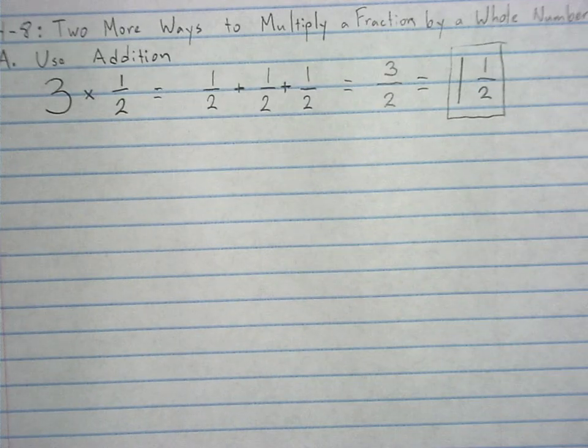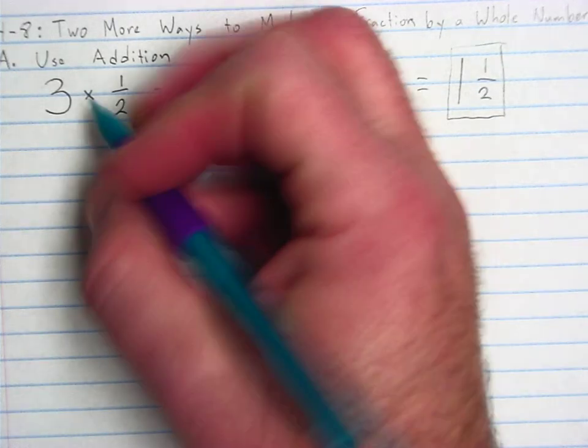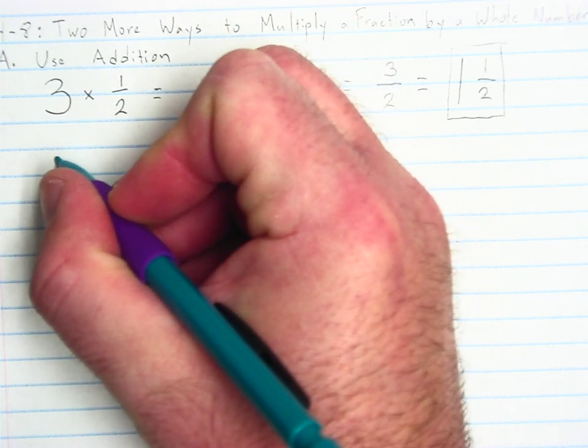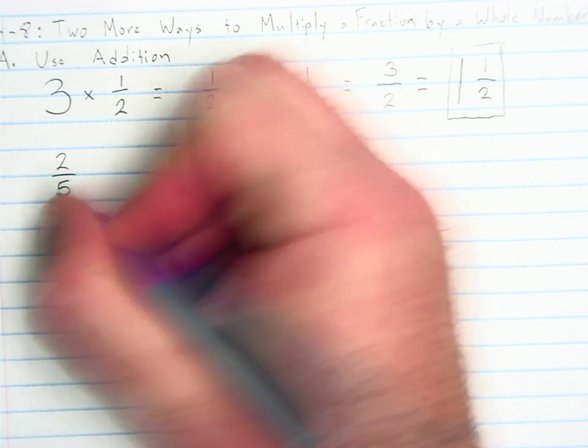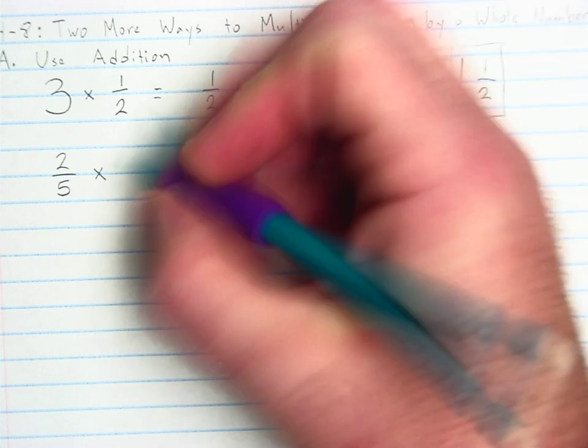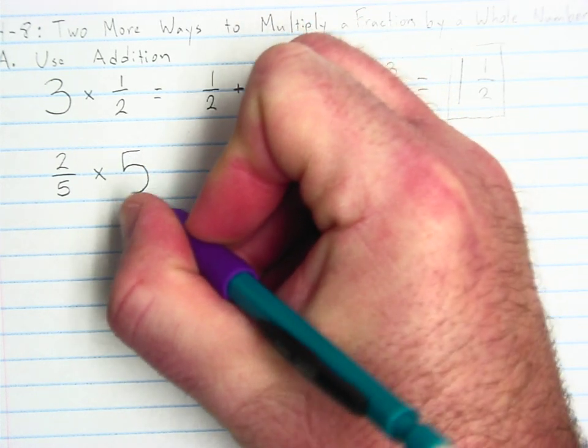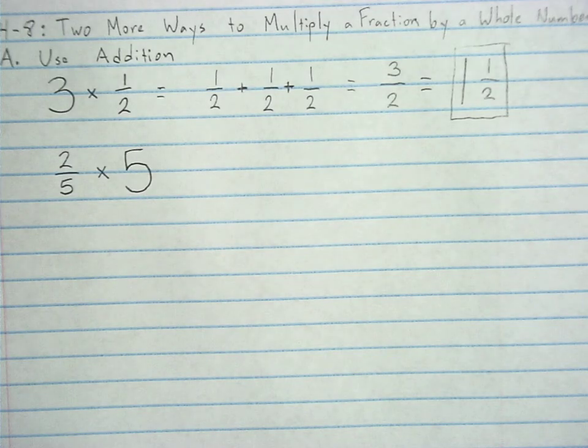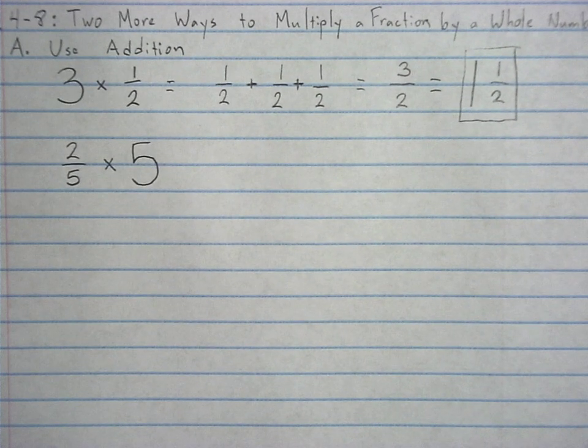Let's say we have something a little bit different though. Let's say we've got 2/5 times 5. Oh no, I switched the order. The commutative property of multiplication tells us we can switch the order. It doesn't matter. We'll still multiply and work this out the same way.